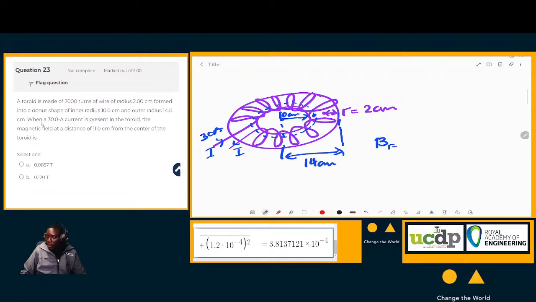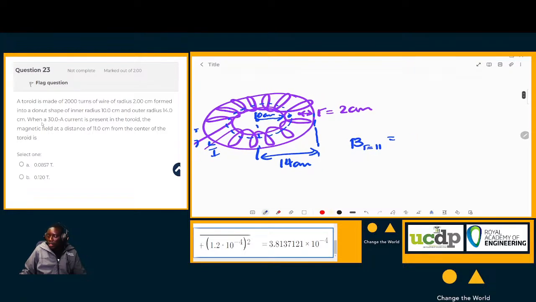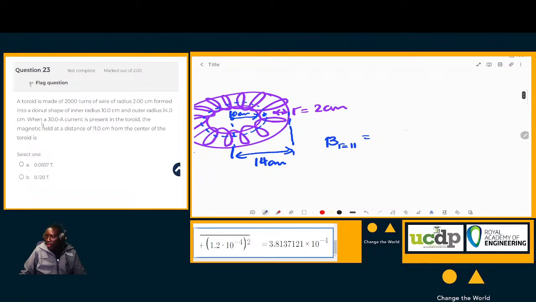B at R equals 11 is equal to, the formula for the magnetic field inside the toroid is mu naught N I over 2, is it over 2 pi? No, over R. Should be mu naught N I over R. Let me cross check. For a toroid, is it over R or over 2 pi R?